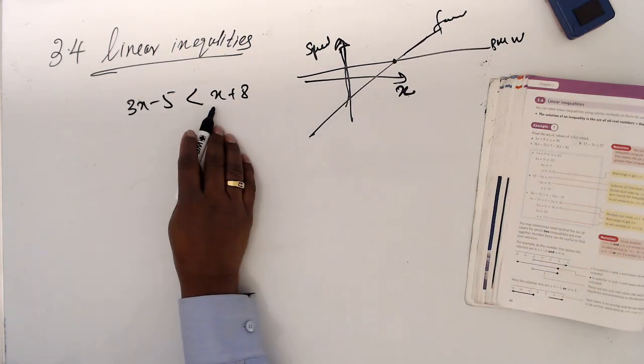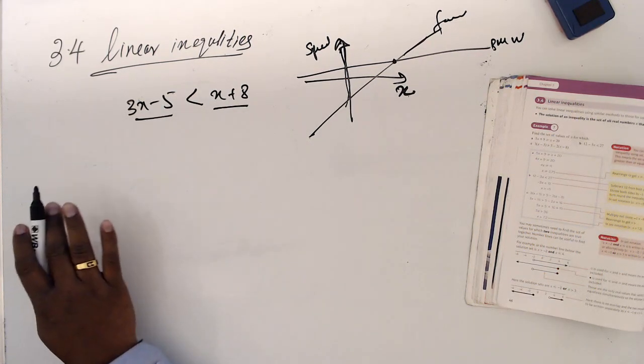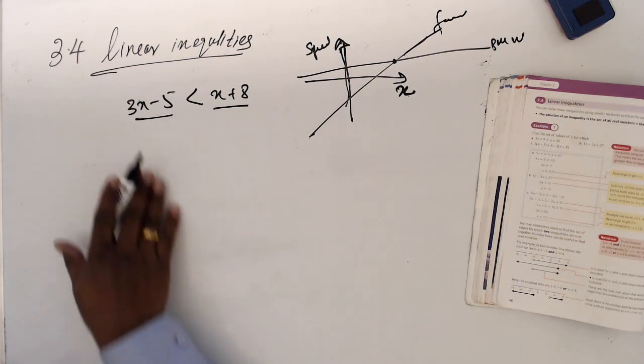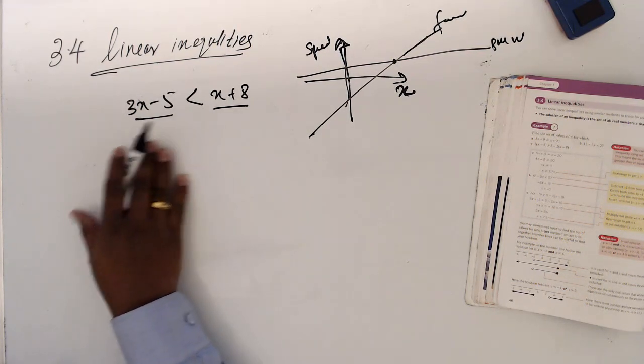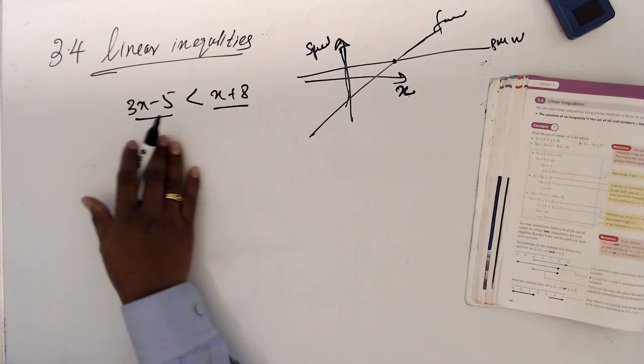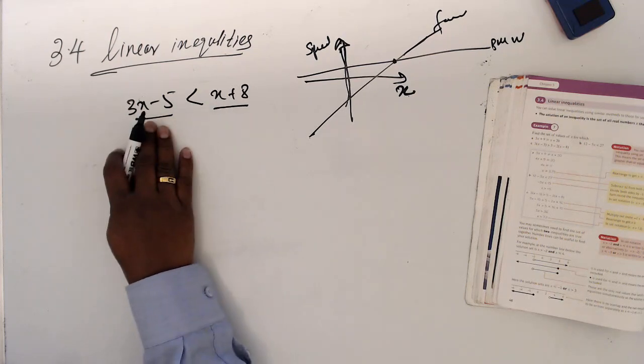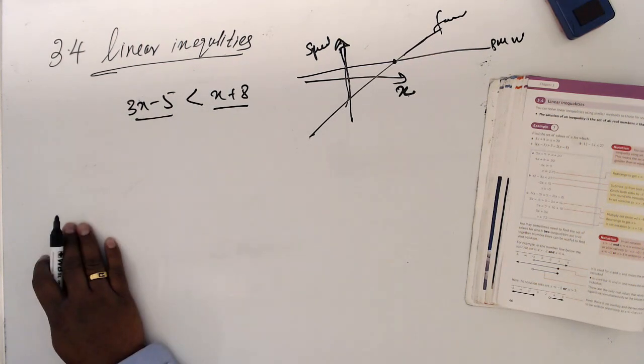Because of that, we can't touch this inequality. Now we want to find which numbers satisfy this inequality.